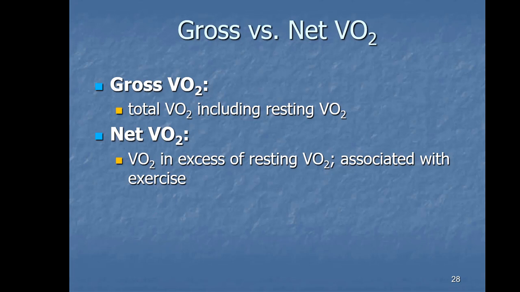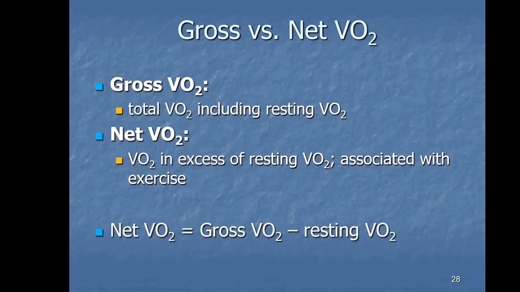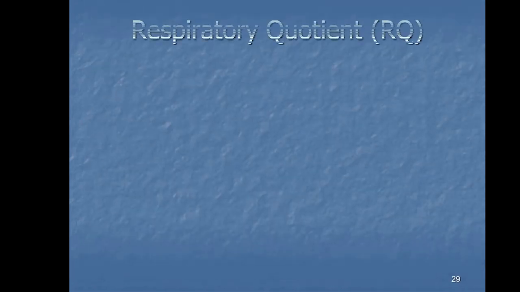So if you just subtract out your resting metabolism, that gives you your net VO2. That's useful when you want to see how much energy you're expending due to the exercise bout itself. Because if you just look in gross terms, that also includes your resting metabolism. So net VO2 equals gross minus resting. So we'll talk about resting VO2 numbers in a few minutes.